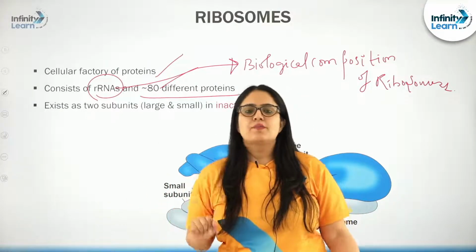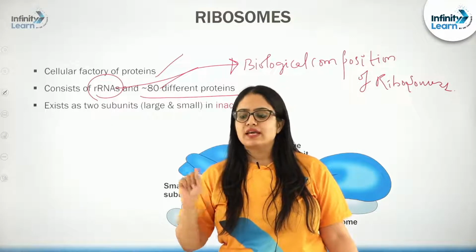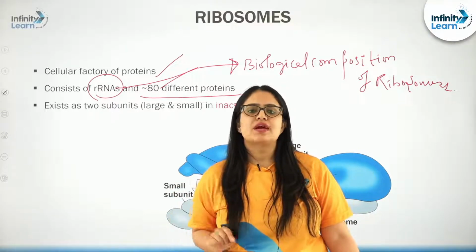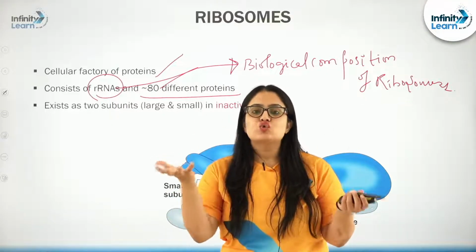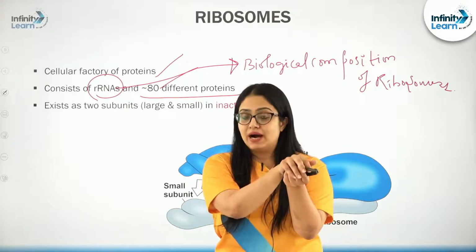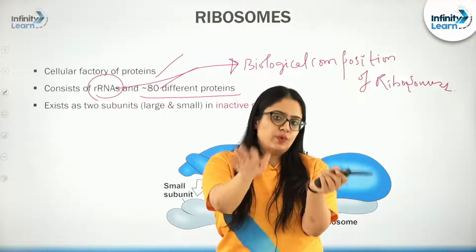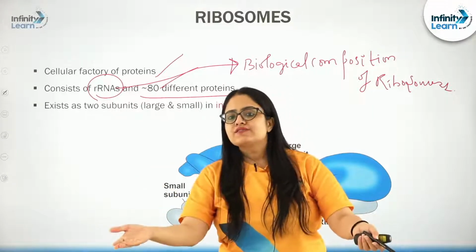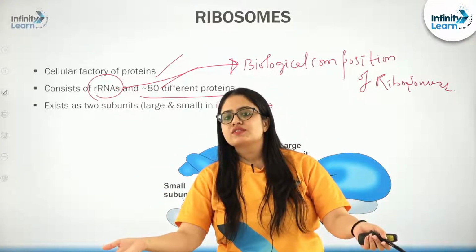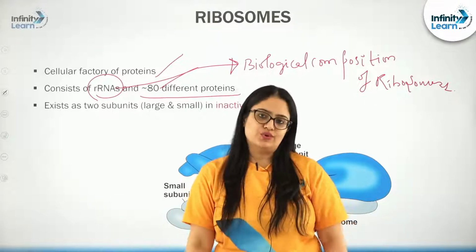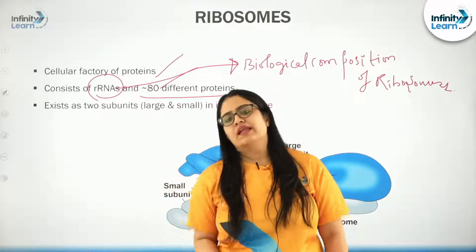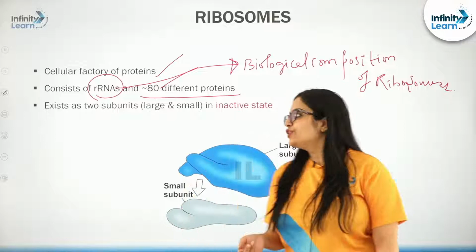And if they are participating in the translation process, polymerizing the amino acids, these two subunits will be combined and form a single structure. So, when ribosomes are in an inactive state, not participating in translation, they will exist as two units. One is the smaller unit and another is known as the larger unit.